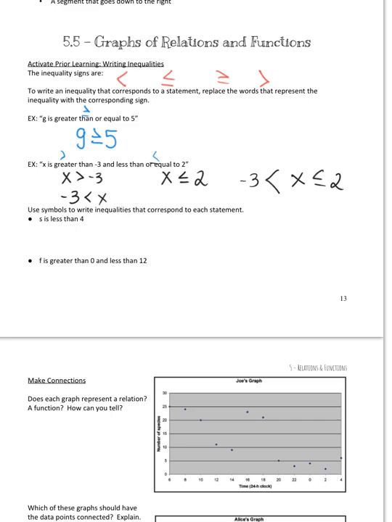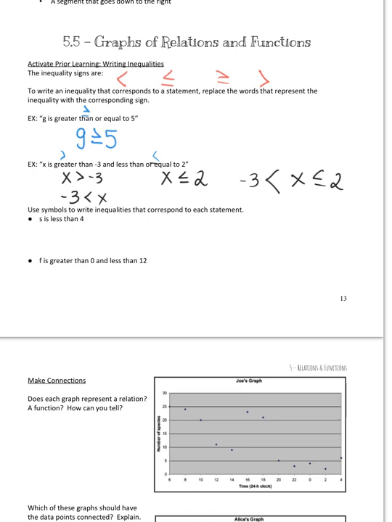Things to note when you're writing two inequalities together like this: the lower value is always on the left, the higher value is on the right. And the inequality signs point in the same direction as our original statement, okay? So again, they have to point the same direction, and you can always write it by flipping. So when you flip a statement, you can flip the sign as well.